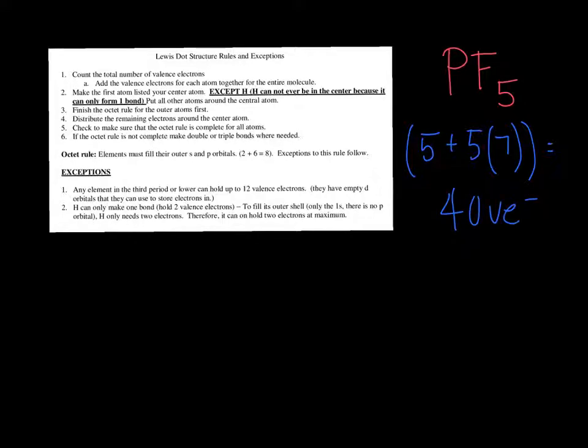I put the first atom listed down first, and then I'm going to put the fluorines in. So I've got 1, 2, 3, 4, 5. There's 5 fluorines in the molecule, and so I need to draw 5 fluorines on phosphorus.